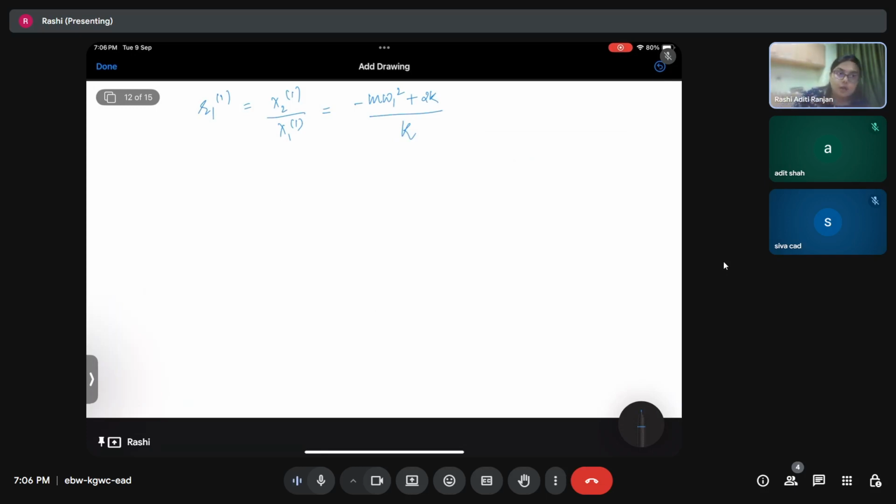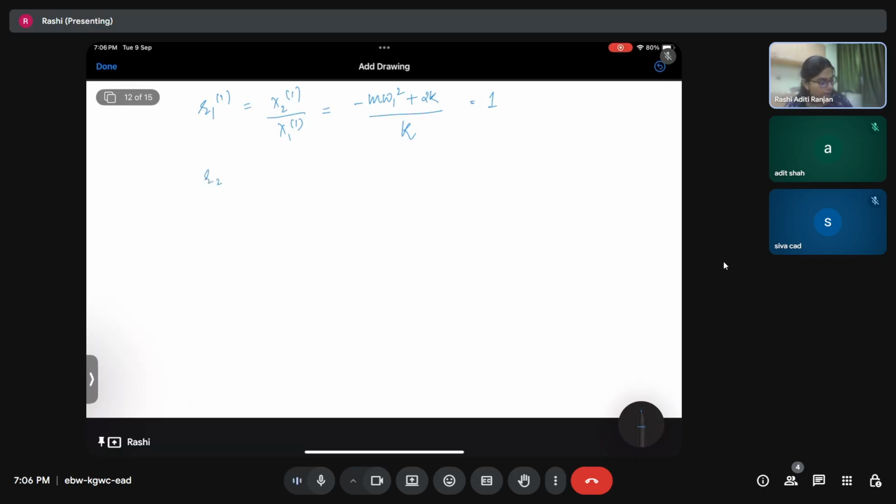Now if you put the value of omega 1 square over here, you will see that omega 1 square, which is k by m, will get cancelled. So we are going to have minus k plus 2k, and eventually it will give us a value of 1.